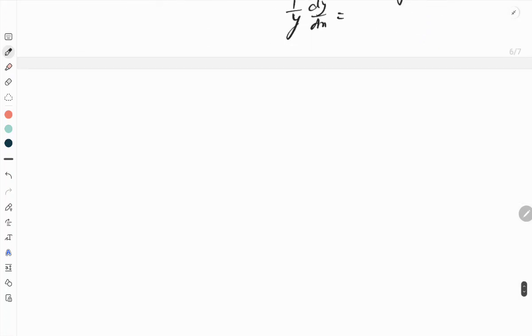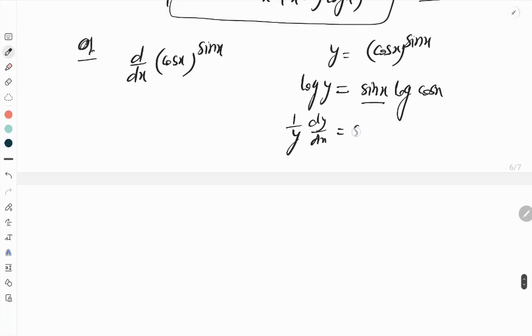Let me do this one. First function outside, derivative of log cos x, plus log cos x outside into derivative of sin x, correct or not?